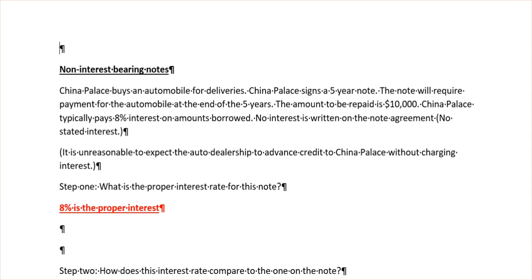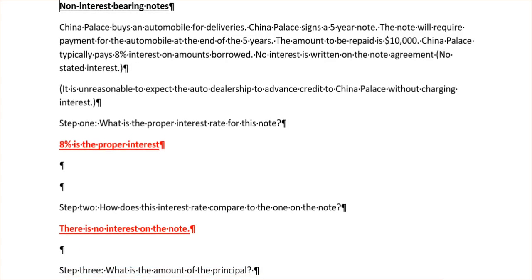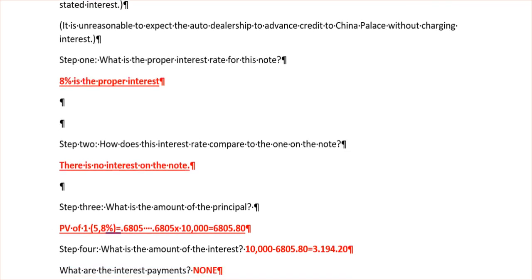And the statement on the note is really to say that there is no interest. So the way that the interest rate compares then is to say that there is no interest on the note. So of course the market rate exceeds the stated rate.